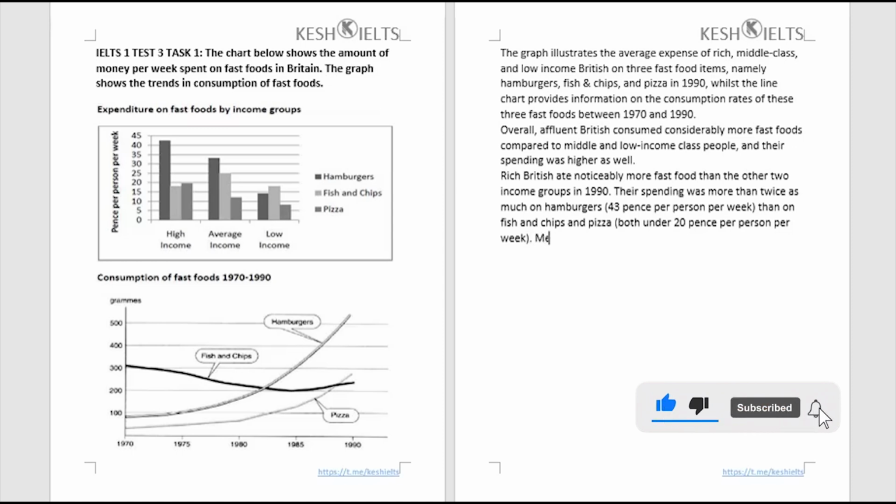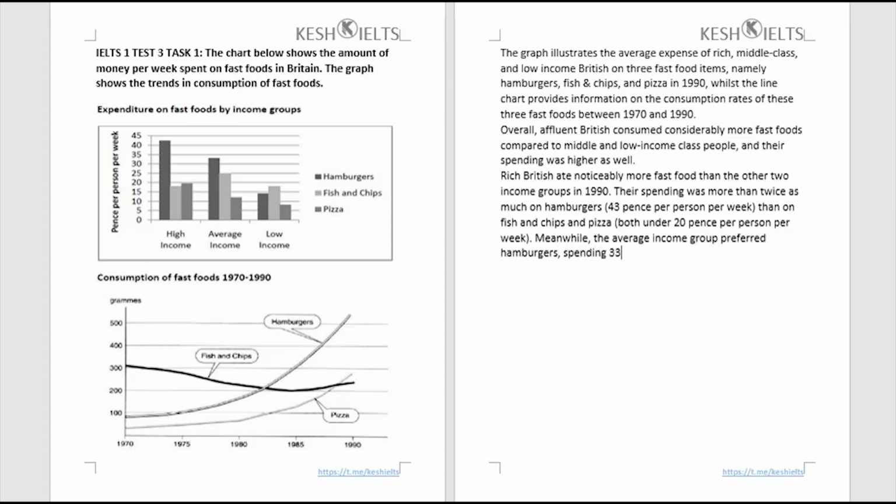Meanwhile, the average income group preferred hamburgers, spending 23 pence. So I've mentioned tons of times that you have to learn this comma, after that gerund is coming along the way.